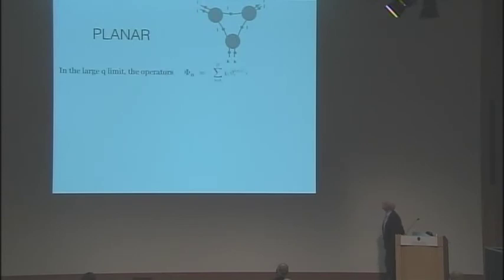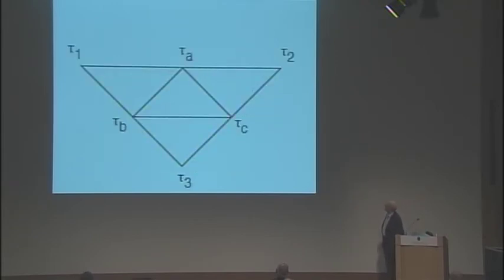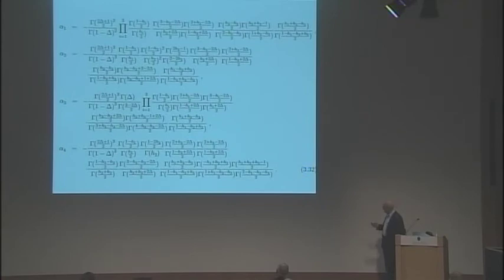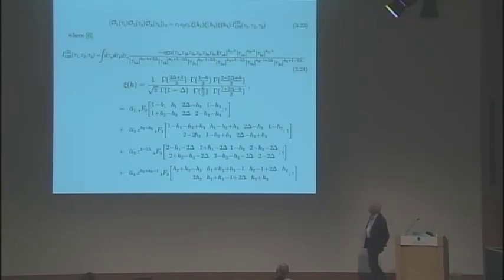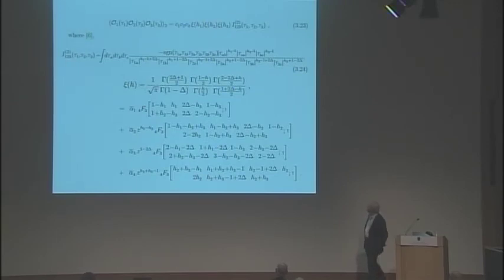In the case of the planar, it's much harder, but we've actually managed to do these integrals, and I'll just flash the result, which is pretty awful, but from another point of view, absolutely beautiful.